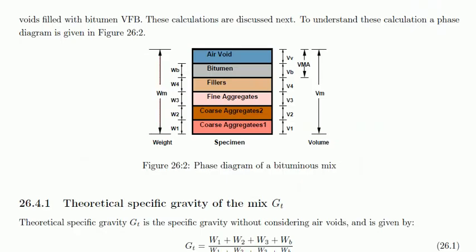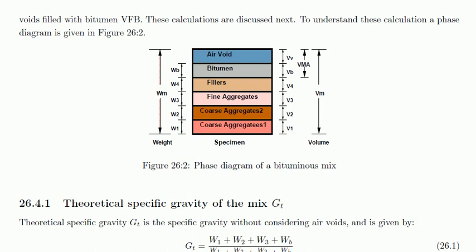These are the experimental procedures, but for the calculation, the important thing is the weight-volume relationship. It is very important to understand that during mix design and quality control assurance in the field, the analysis of the volumetric properties of an asphalt mix is of primary purpose.